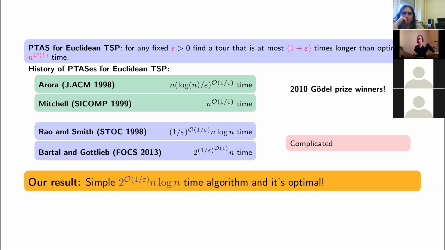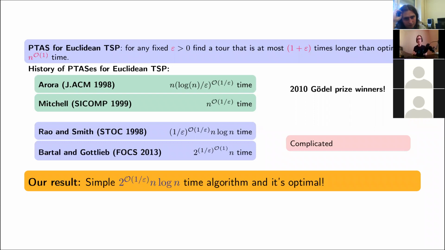The running time in terms of n is near linear, n log n, but the dependence on epsilon is super exponential, 1 over epsilon to the 1 over epsilon times log 1 over epsilon. We actually have two different regimes for this problem. If you don't really care about the dependence on 1 over epsilon, then you can even get a truly linear running time by the result of Bartal and Gottlieb from 2013.